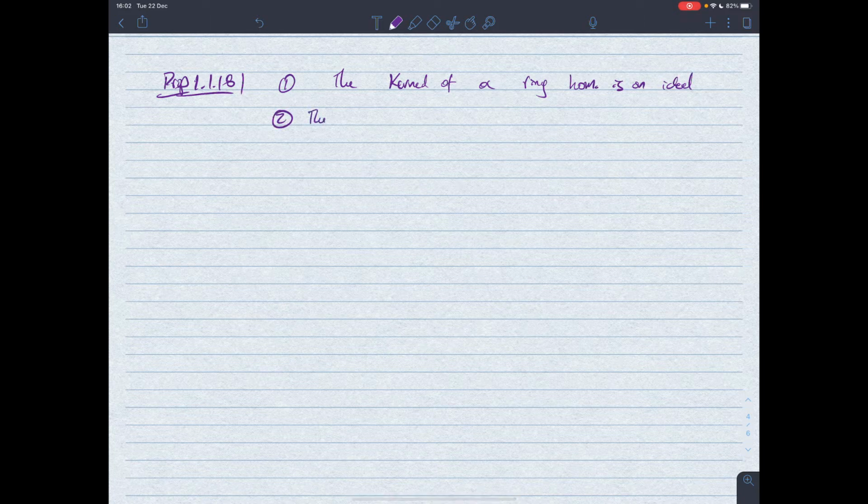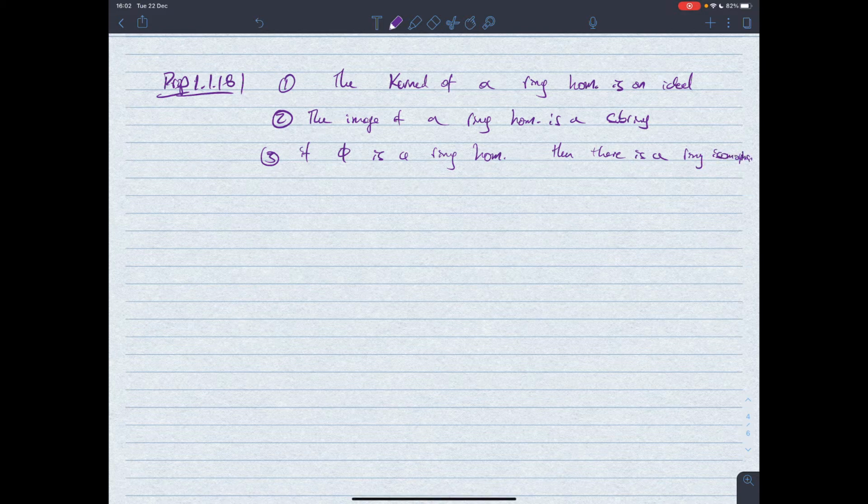2, the image of a ring homomorphism is a subring. And 3, if phi is a ring homomorphism, then there is a ring isomorphism which goes from R modulo the kernel, so it's the quotient ring.